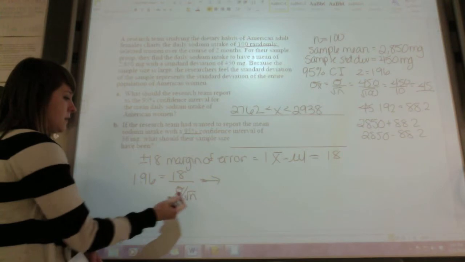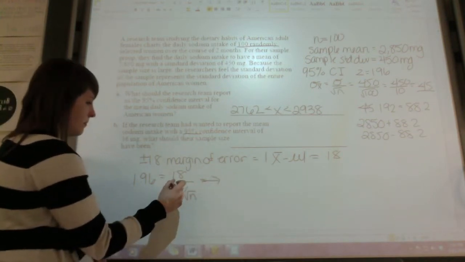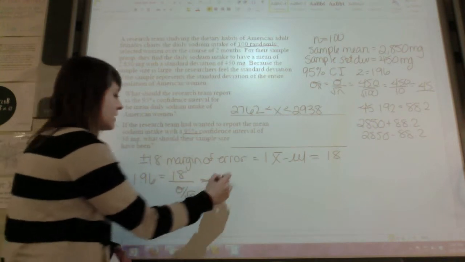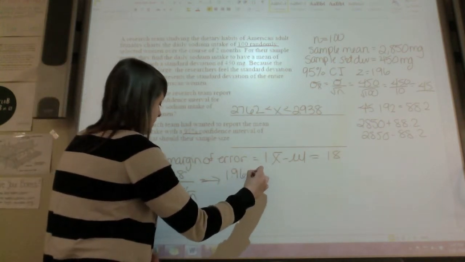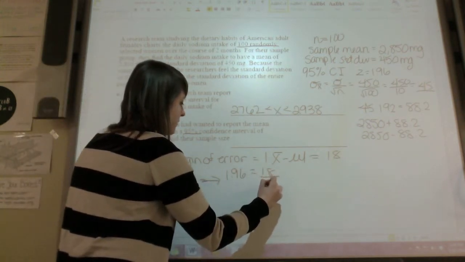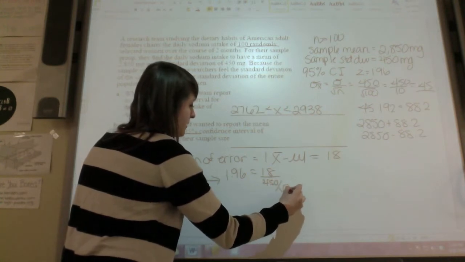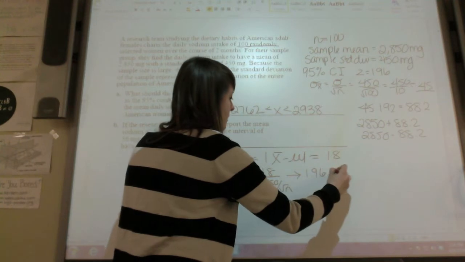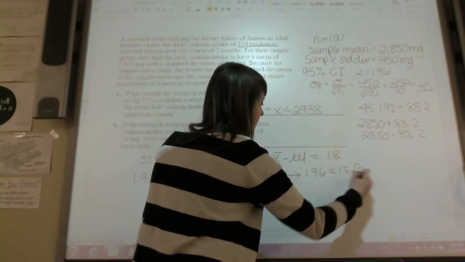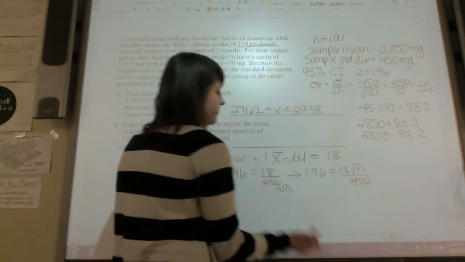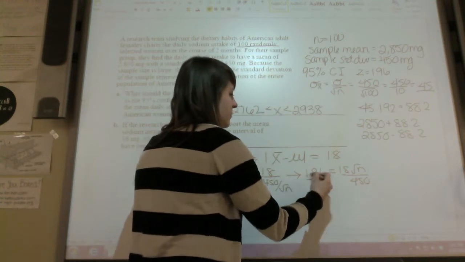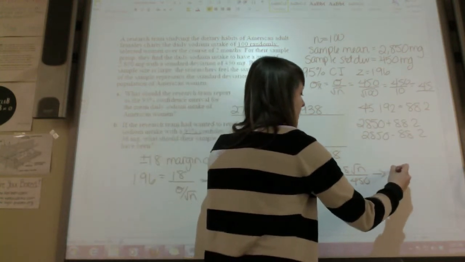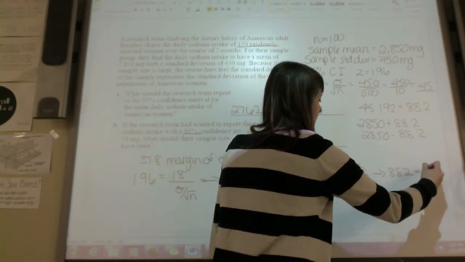So when I calculate that, I can plug in my 450 here because my sigma hasn't changed. So I have 1.96 equals 18 over 450 divided by the square root of n. Then I can rewrite that as 1.96 equals 18 square root of n over 450.